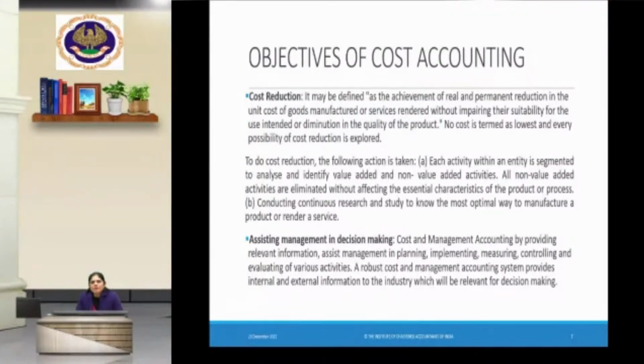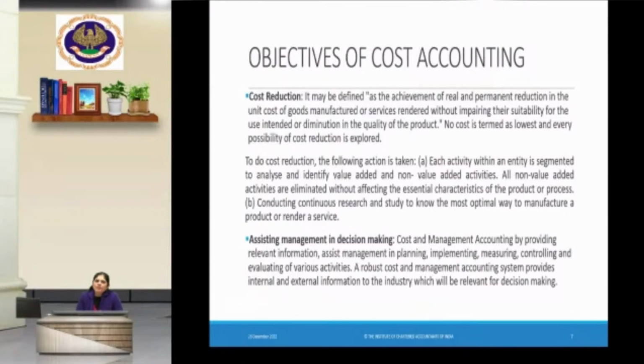So if the laborer is being paid for an hour, all right, and in that particular hour, during the break time, he's taking 15 minutes extra break. So that means that it's a non-productive cost being added to the organization, because during that time he's not contributing to the manufacture or to the production, right?